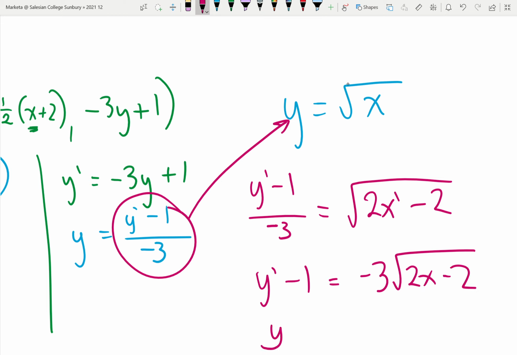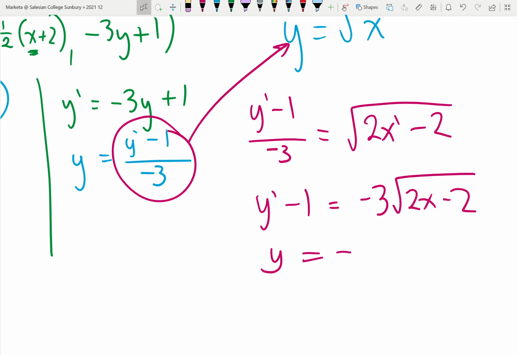When we get our final equation, we don't want to put the image symbols on there. This is the image symbol. Be careful, it's not negative 1, so it's not the inverse. The inverse is when we have to the power of negative 1, and neither is it like f dash of something. That's when we're doing differentiation. So it's just y dash, which means the image. Now that I get my final equation, I'll get rid of those little dashes. Y equals negative 3 root of (2x minus 2), plus 1, and that will be our final answer.